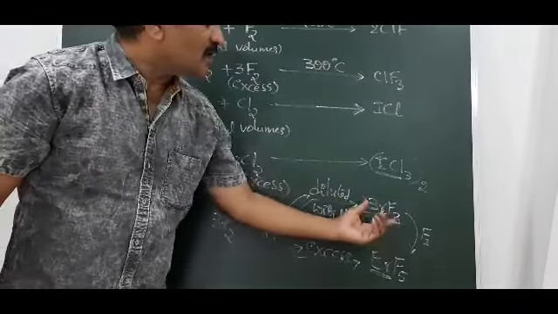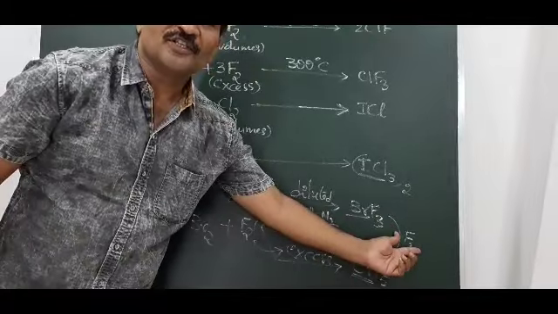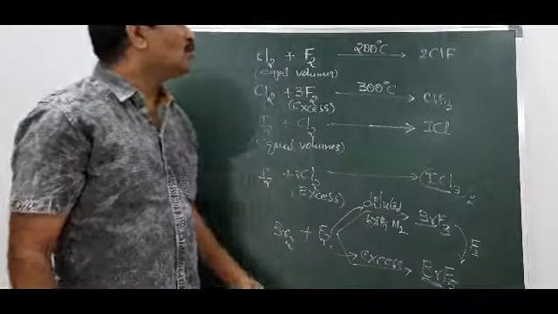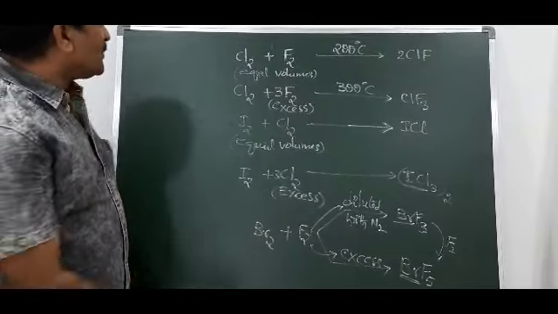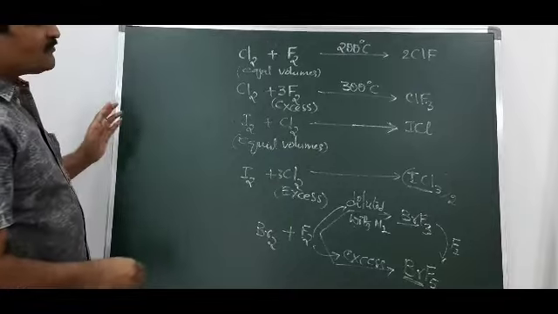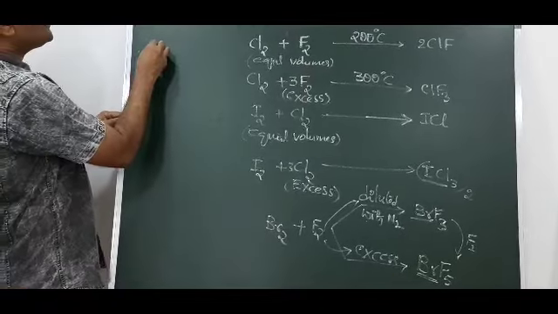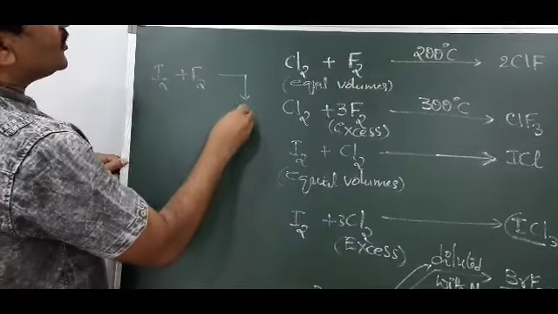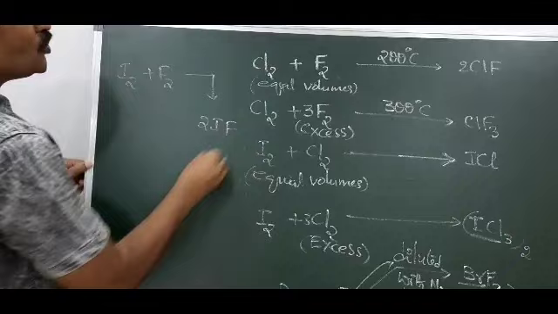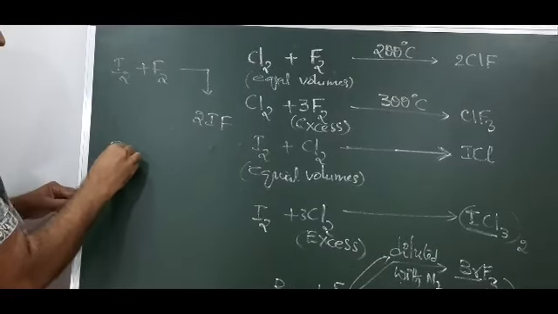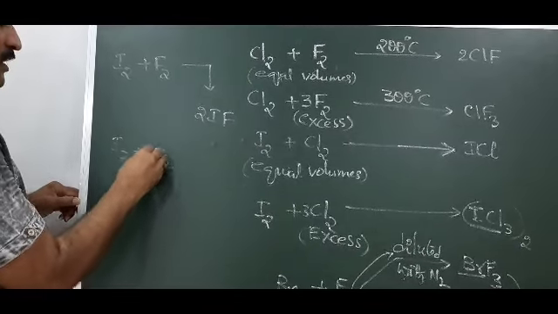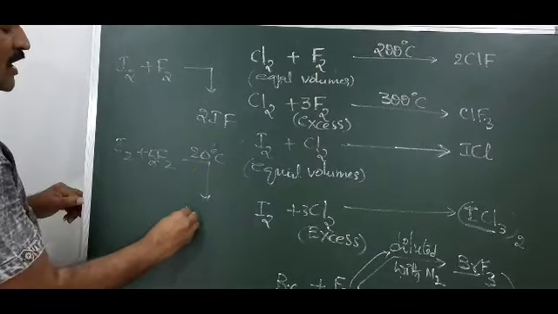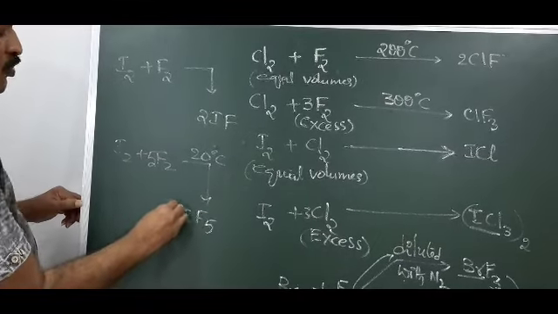Or sometimes an interhalogen compound, when it reacts with another halogen, forms a higher interhalogen compound. I want to explain the preparation of IF, IF5 and IF7. Very simple, students: iodine and fluorine react to form 2IF. When iodine reacts with fluorine at around 20 degrees centigrade, IF5 will form, 2IF5.